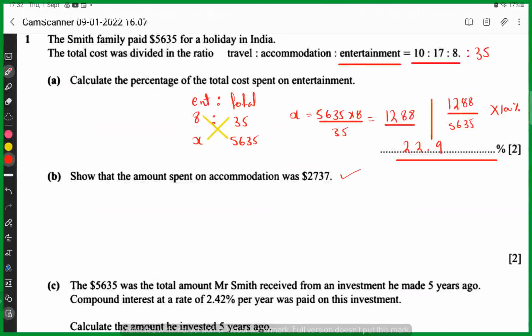Only 1 minute for this part, and then we'll talk about the next one. You need to find the amount spent on accommodation, so you can use the similar method that we have used in the previous part.